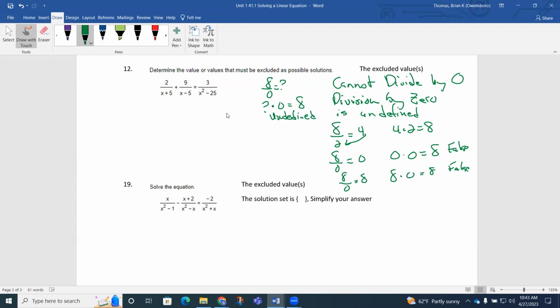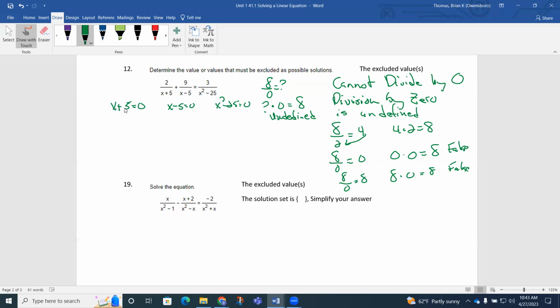So if I look at this problem over here, notice how we have x's on the bottom. So the question is, what makes the denominator equal to 0? So what I can do is set up this as x plus 5 is equal to 0. And I can set x minus 5 equal to 0. And I can set x squared minus 25 equal to 0.